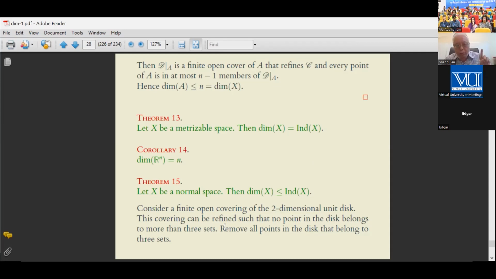So this is true. And remove all points in the disk that belong to 3 sets. Now you would start with any open covering, and then if some point is belonging to 3 open sets, then you just remove it from the space and then continue. Right?